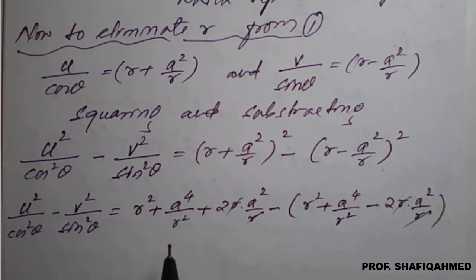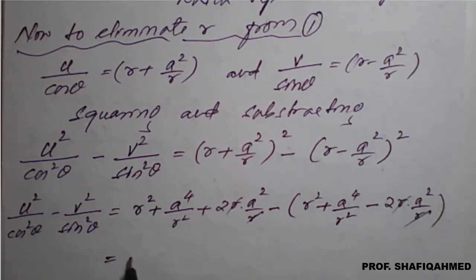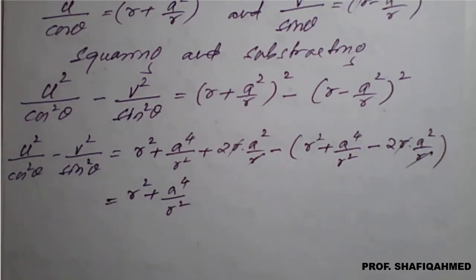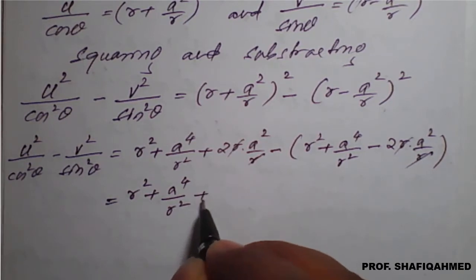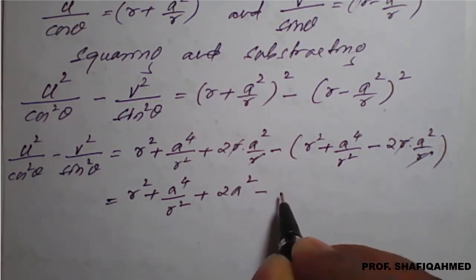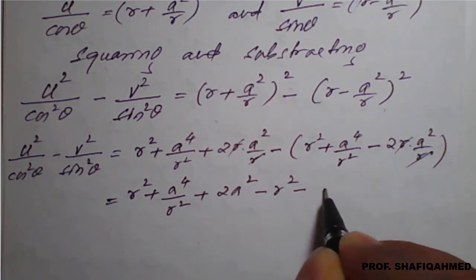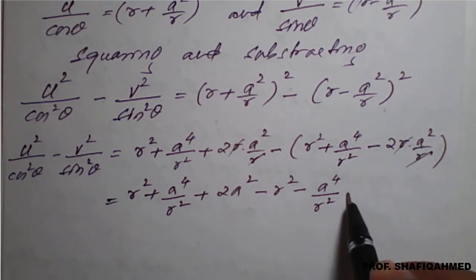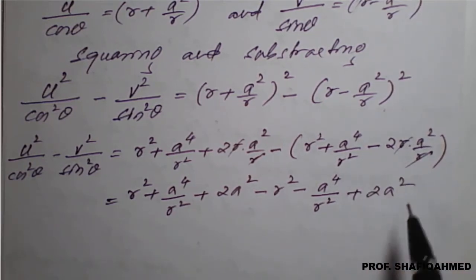So on simplification, open the bracket, r square plus a raised to 4 upon r square plus 2a square left here, open the bracket with sign, minus r square minus a raised to 4 upon r square, minus minus is plus 2a square.